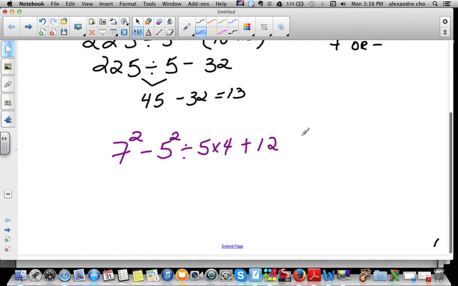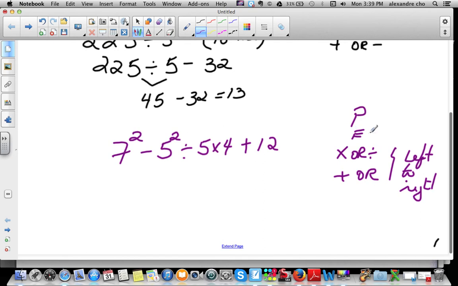I'm just making this up. So here's a problem. Okay, and again, if you want to write parentheses, exponents, multiplication or division, addition or subtraction, you can. Okay, and remember, these two are left to right.